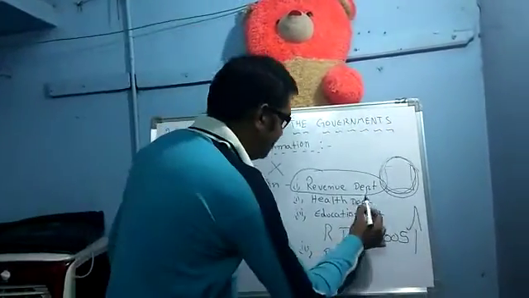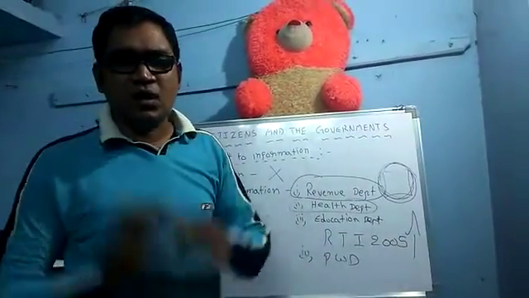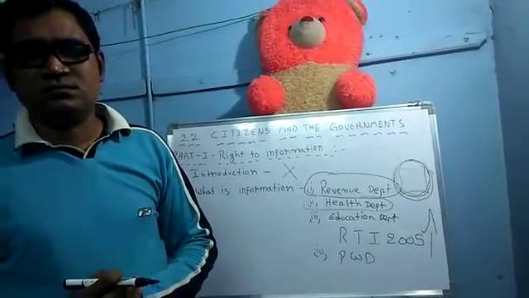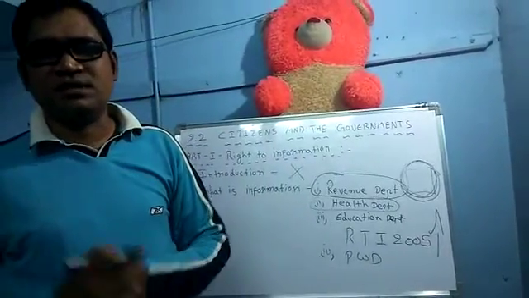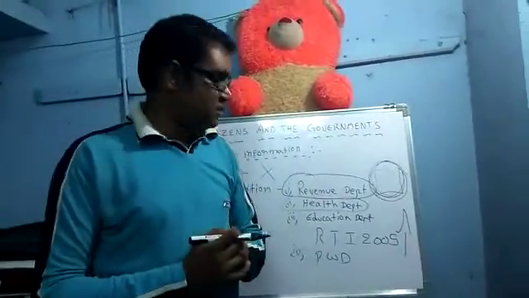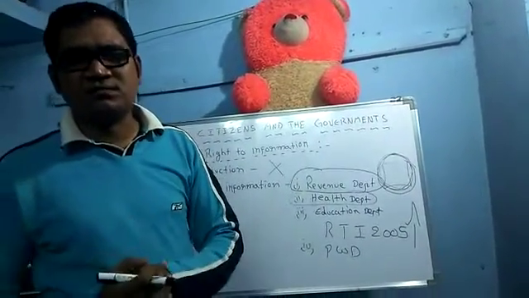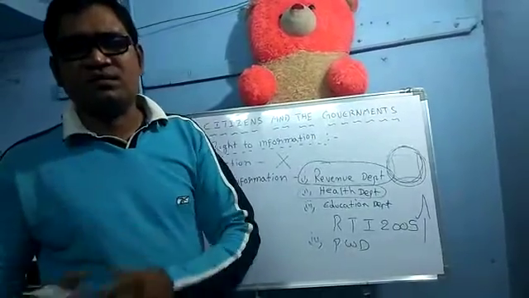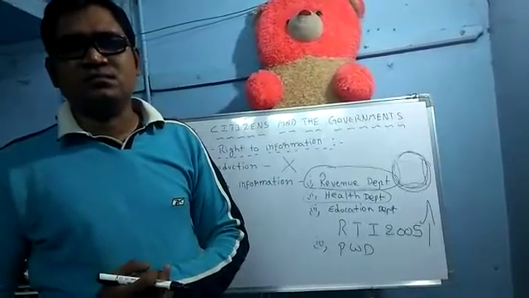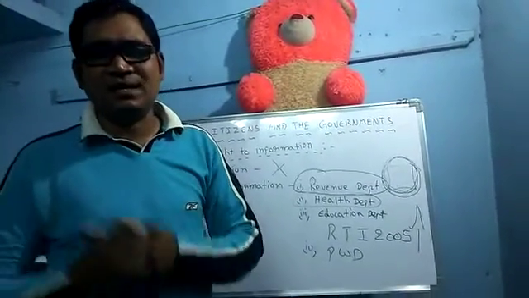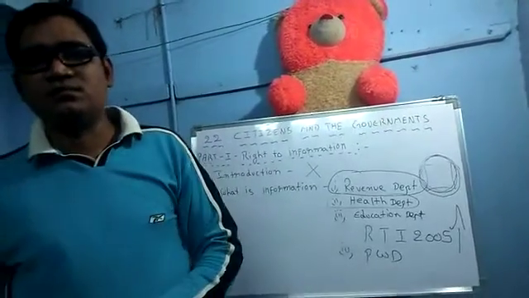Okay, next, Health Department. Health Department means government hospitals. They are maintaining the records which were given by the central and state governments. Their instructions they were following. The employees' details, doctor details, salaries of doctors, wages of the workers, PF, ESI, medicine purchase details, selling of medicines, transfer of medicines from one hospital to another hospital.